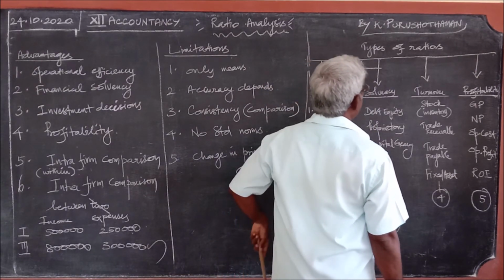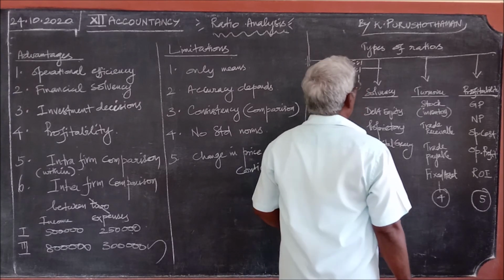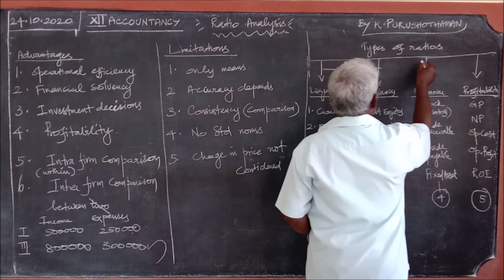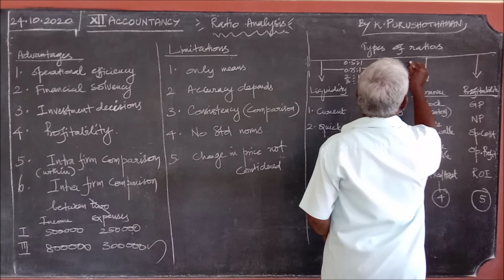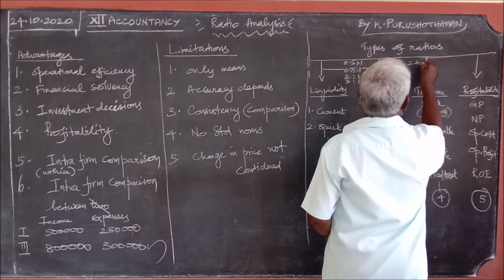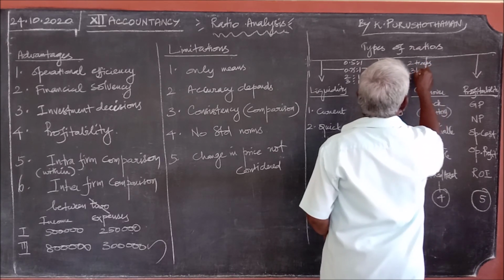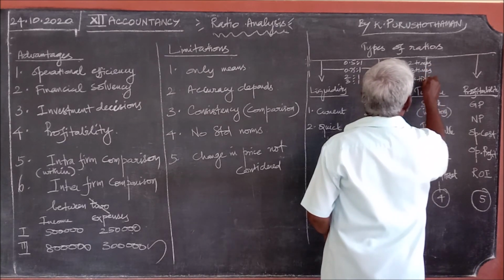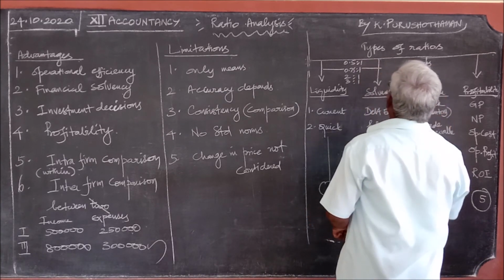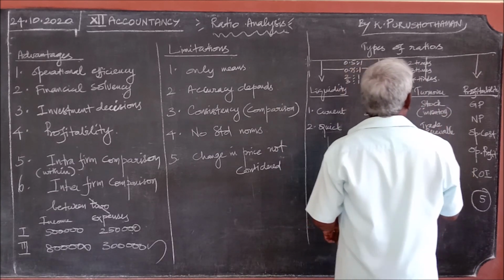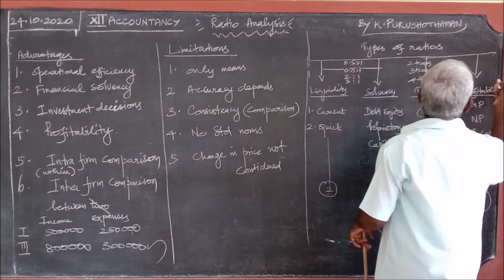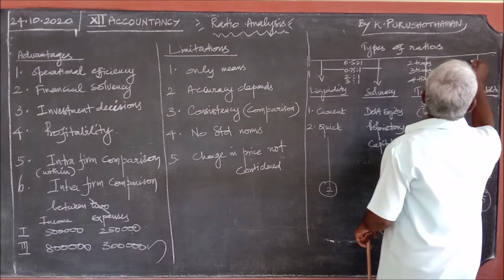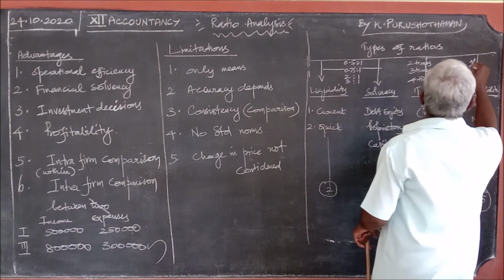And regarding the turnover ratios, we write 2 times, 3 times, 4 times, like this. And regarding the profitability ratios, we multiply by 100, and the result is given in percentages.